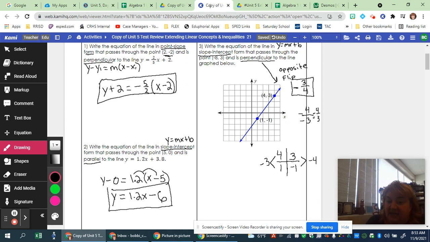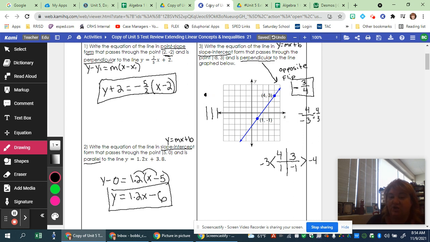You could go to -8. Oh, that would be harder to do because the graph doesn't keep going. 1, 2, 3, 4, 5. I could try 6, 7, 8. So -8 and then 1, 2, 3. That would put me right here.